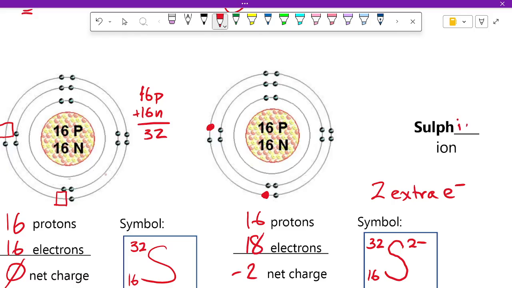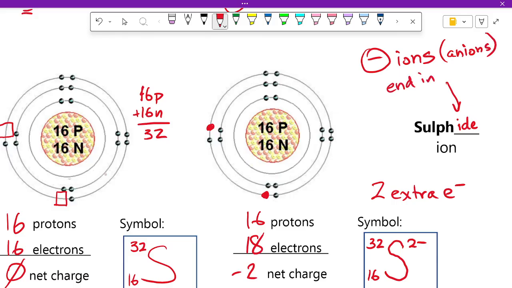Sulfide. IDE. So anion names end in "ide." Negative ions, anions, end in "ide." Positive ions don't do that. It's just the negative ones.